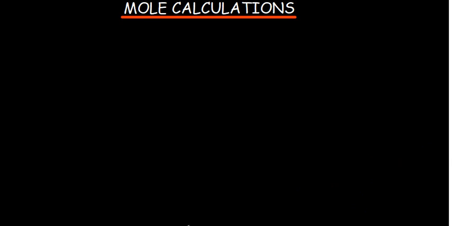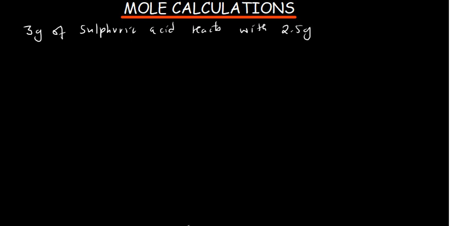Let's say 3 grams of, we can say, sulfuric acid reacts with, we can say, 2.5 grams of calcium carbonate.